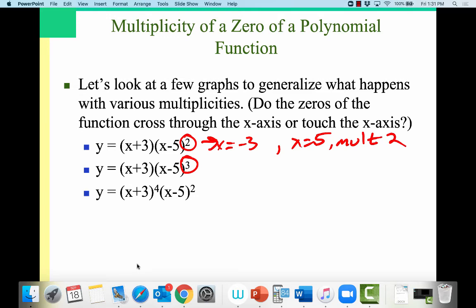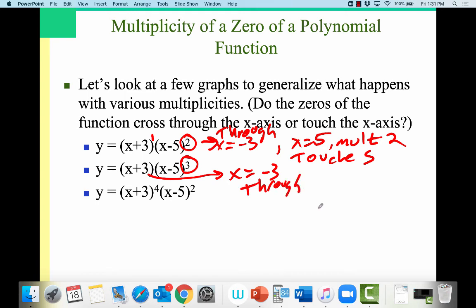So we go back here, and it asks the question, does it go through? Odd multiplicity goes through the x-axis, even multiplicity touches. So down here, the -3 again goes through the x-axis, and if you think about y equals x cubed, that goes through the x-axis, where y equals x squared touches. So the even and odd, you've been dealing with this before, you just didn't know it.